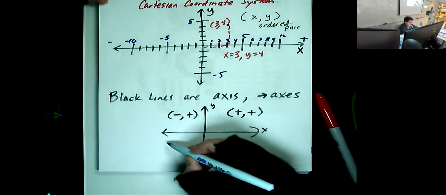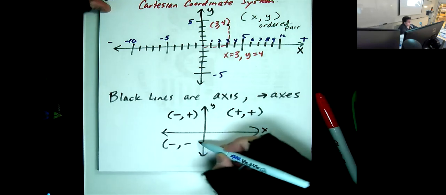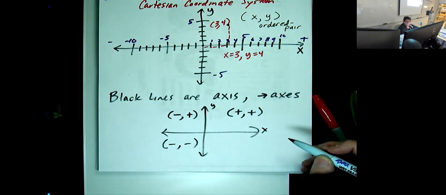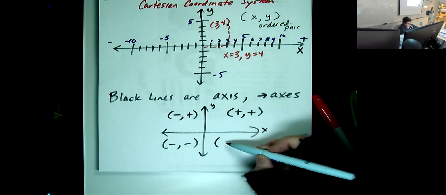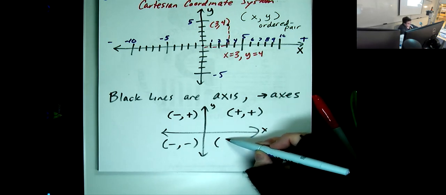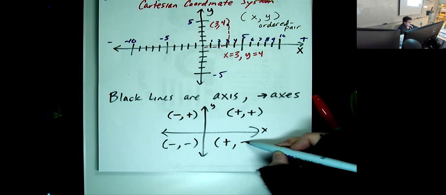In the lower left quadrant, X and Y are both negative. And in the lower right quadrant, the X value is positive, but the Y value is negative.